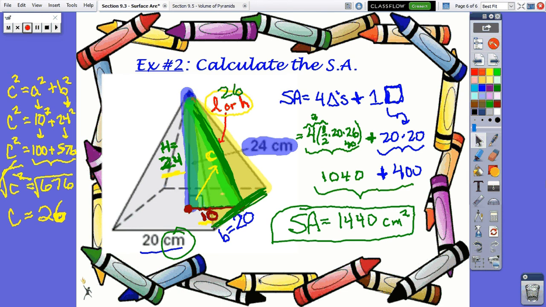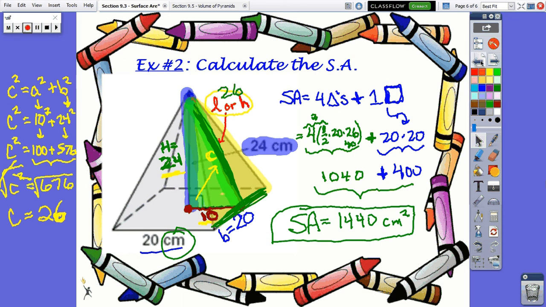For the most part, this is as much work as you'll have to do. For surface area, you need the slant height. But if I give you the real height, you're going to have to use the Pythagorean theorem to convert that real height to the slant height. And that's as tough as these problems get for surface area.